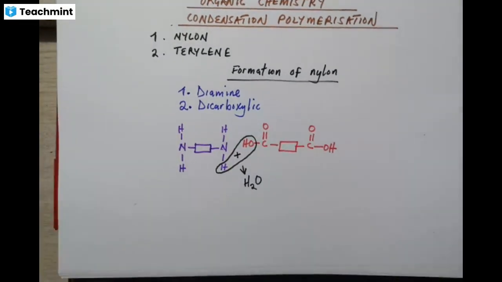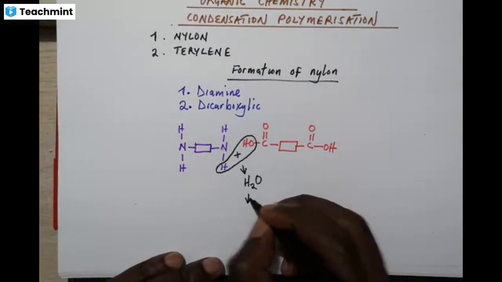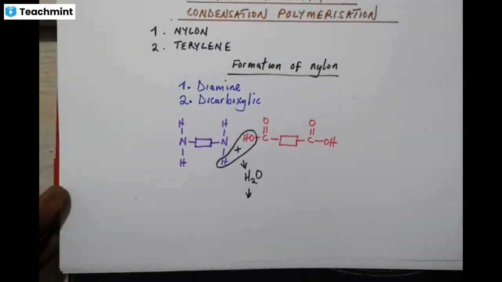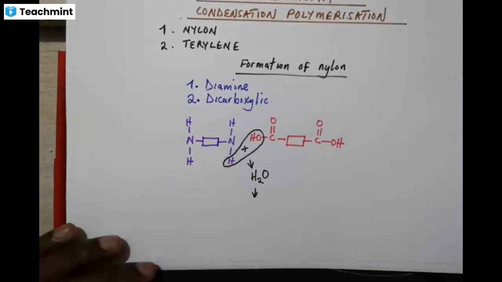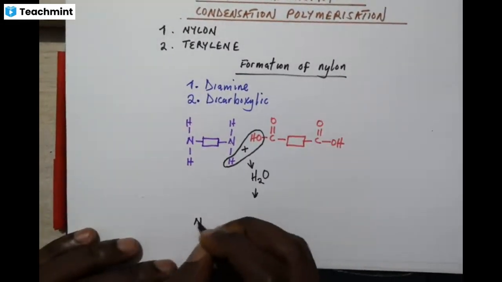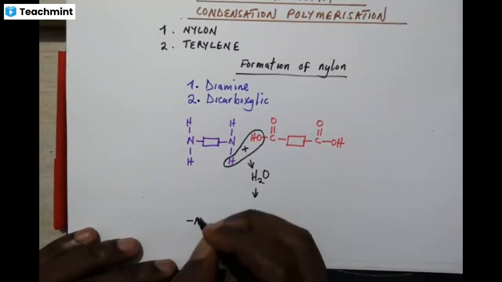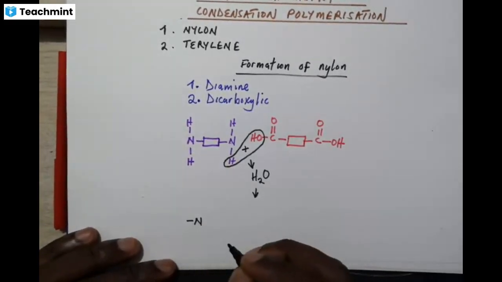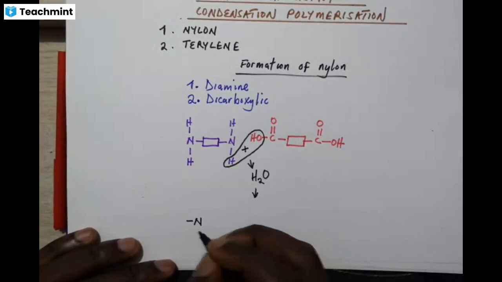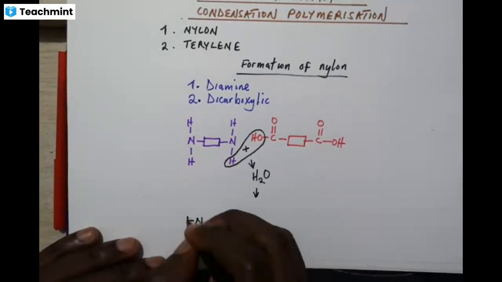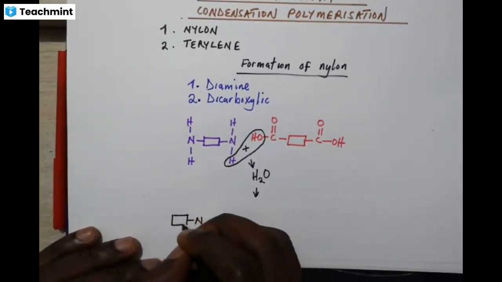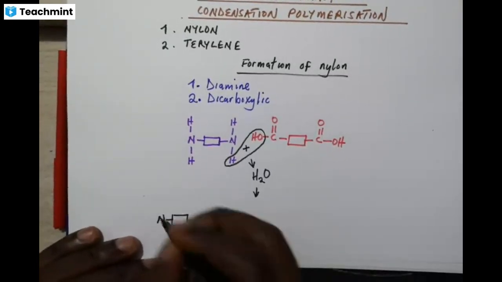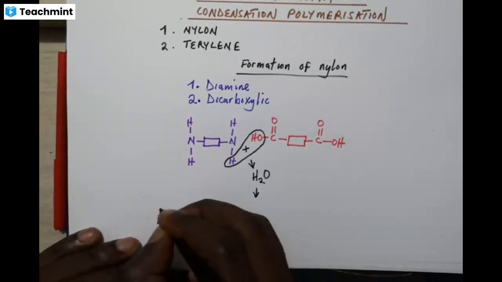So how are you going to show the resulting structure when this molecule is formed? This is how you are going to draw it. You start with the diamine, okay, like that. You draw a diamine like that.